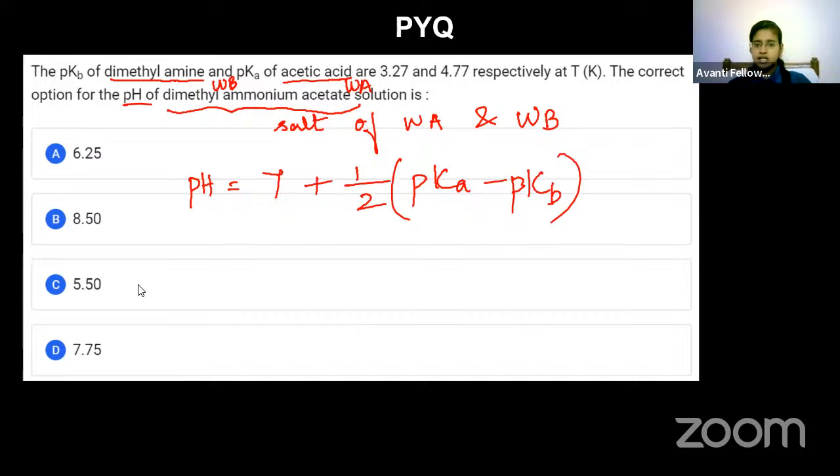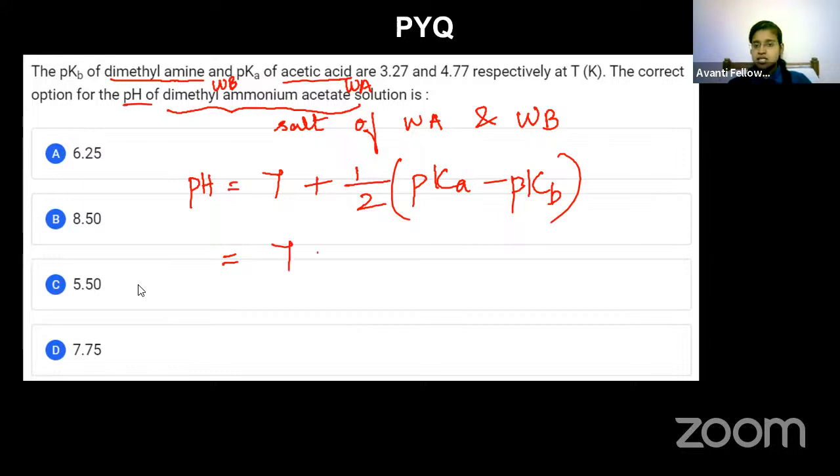So we have studied 3 formulas, right? This is the formula to find out the pH for a salt of weak acid and weak base. Now we have all the values in the question. We can substitute them directly here and get the answer.